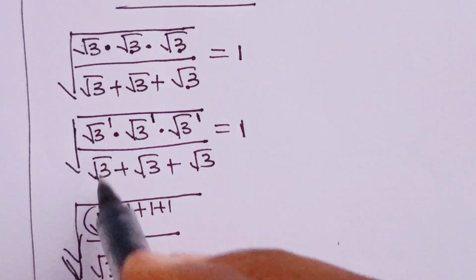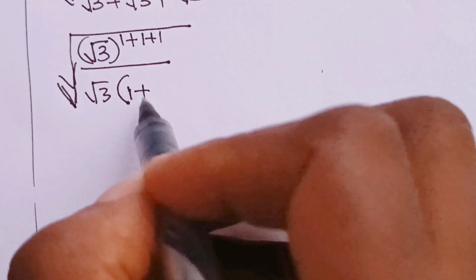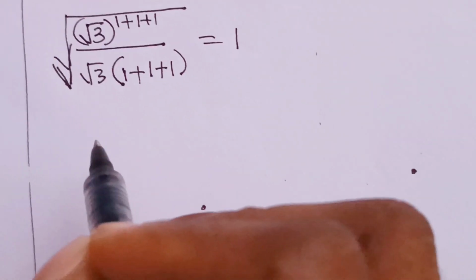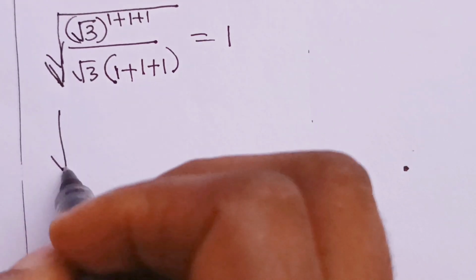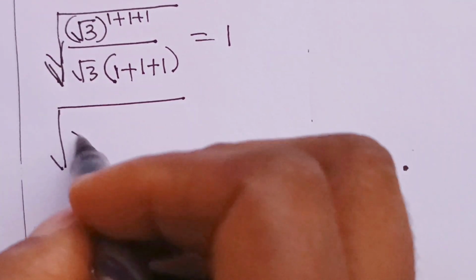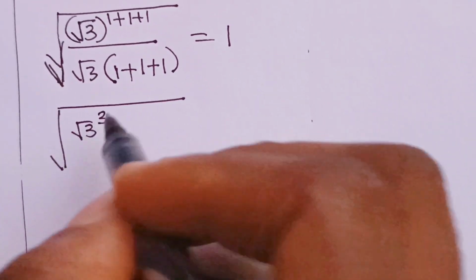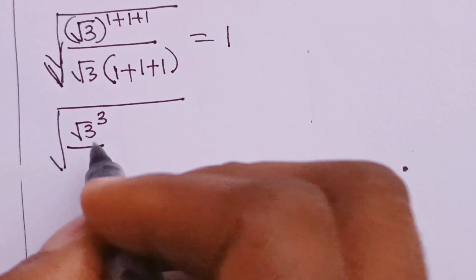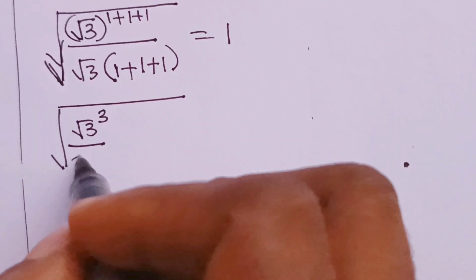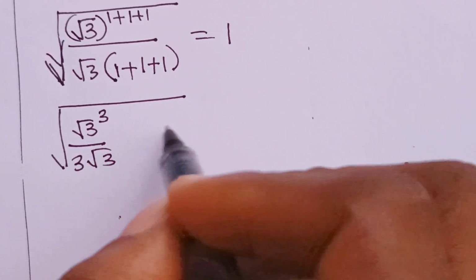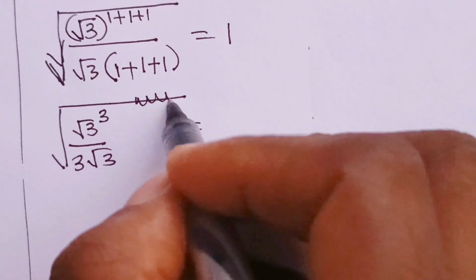We open bracket. When this is divided by this, we are going to have 1 plus 1 plus 1, and this is equal to 1. So we have square root of root 3 to the power of 3 divided by 3 root 3 is equal to 1.